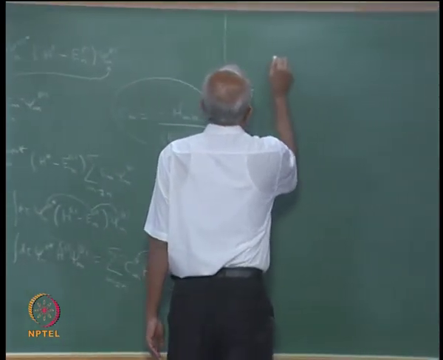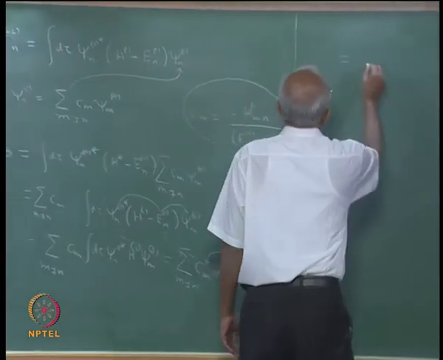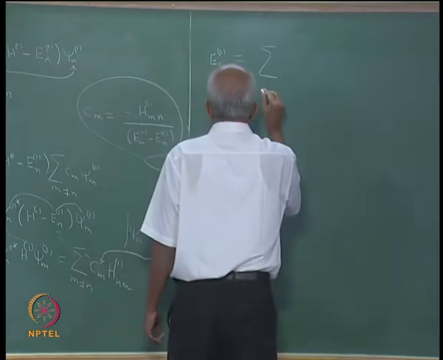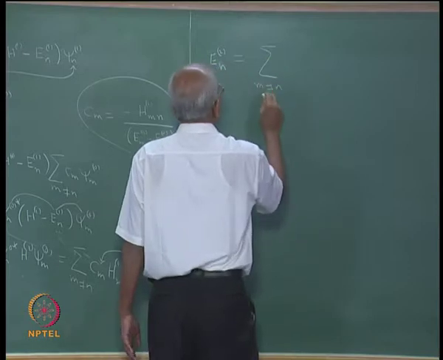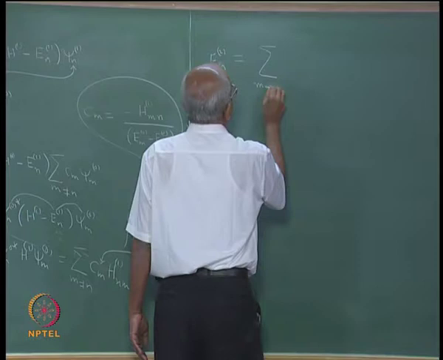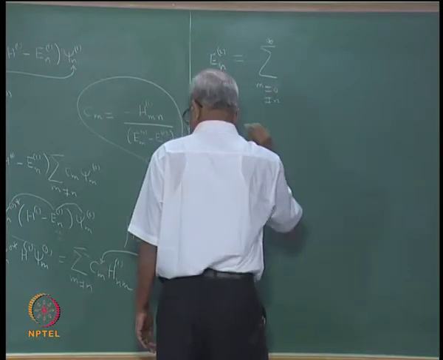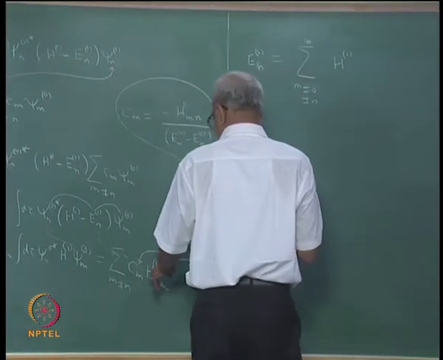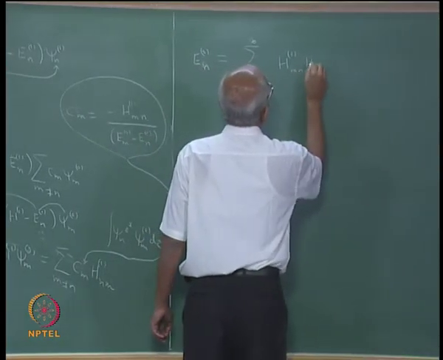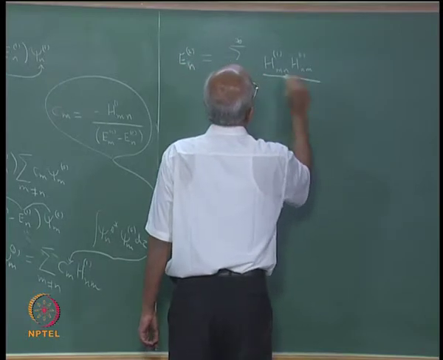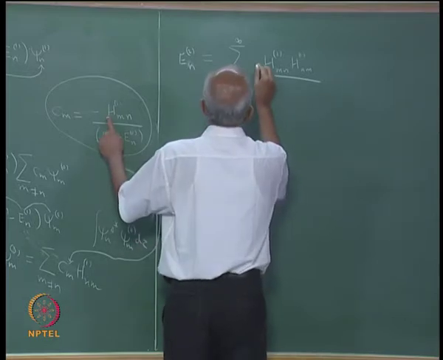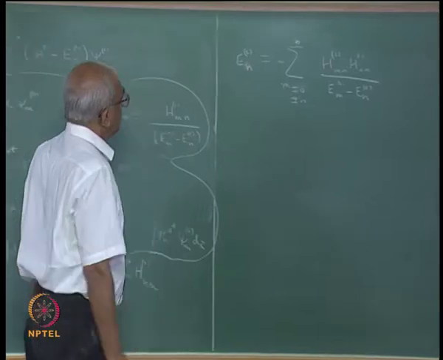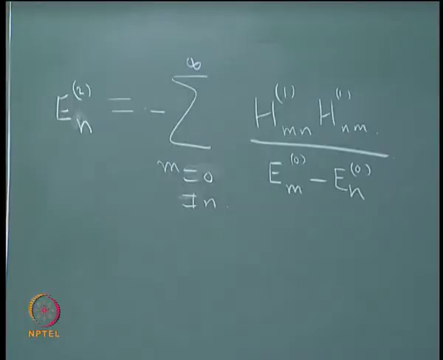And so what is the result? m actually varies from 0 to infinity, but it is not equal to n. This is the result, fine.